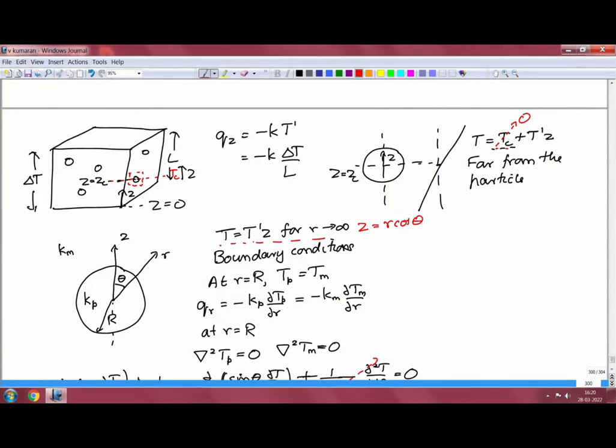And this we were attempting to evaluate in the dilute limit, where the disturbance to the temperature field around one particle does not affect the temperature field around another particle. So, that is the limit in which we are attempting to find out what is the disturbance to the heat flux due to the presence of the particles.